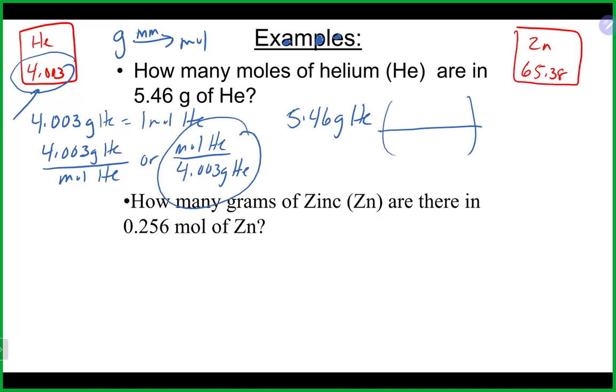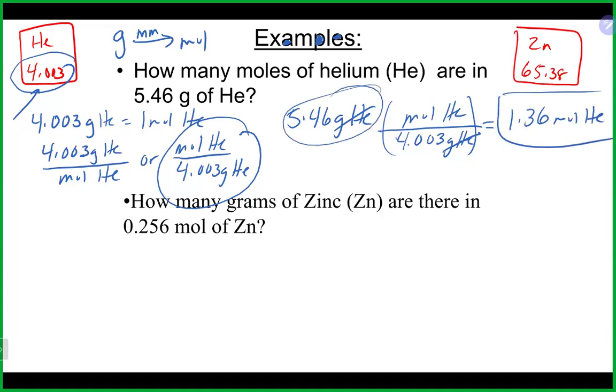So I need to use the conversion factor on the right, which means dividing by the molar mass. The grams of helium on top and bottom will cancel. We're taking 5.46 and dividing it by 4.003, and that gets us 1.36 moles of helium, with 3 sig figs based on the original number. Any questions on that calculation?